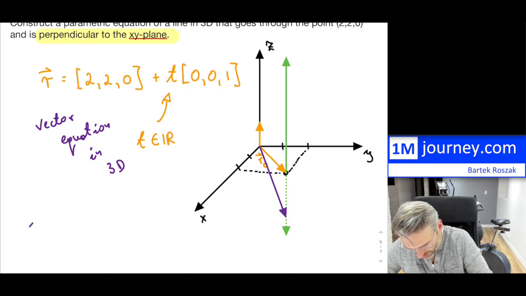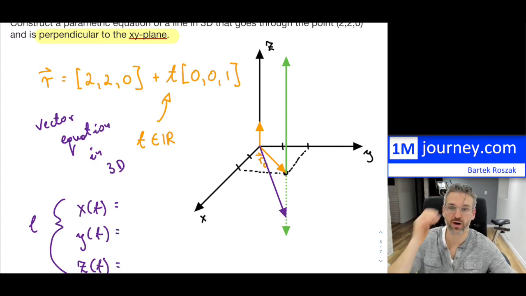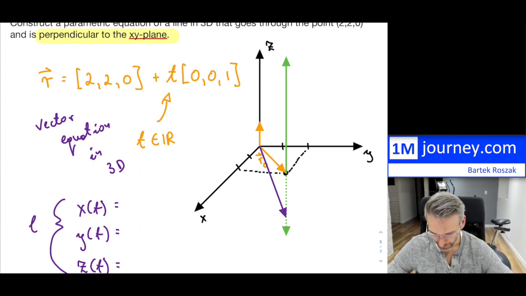So let's call this line L, and what we're going to do now is, in 2 dimensions we had 2 components. We had a component for the x values, we had a component for the y values, but now since we're in 3 dimensions, we're also going to have a component for the z values, or the z values, depending how you pronounce it and where you are watching this particular video from, which country.